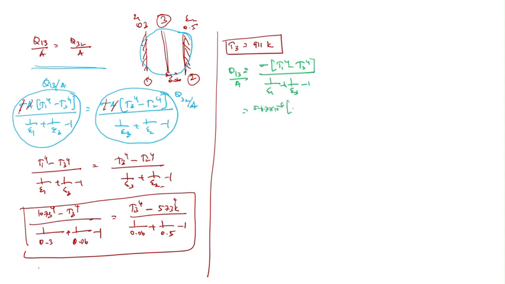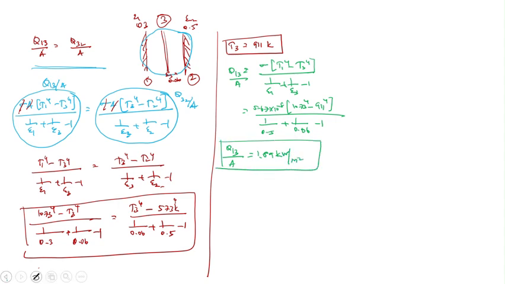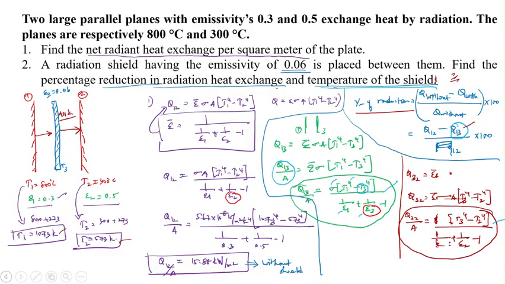So T1 is 1073 to the power of 4 minus 911 to the power of 4 divided by 1 divided by 0.5 plus 1 divided by 0.06 minus 1. After substituting the values, we get Q123 divided by A, which is nearer to 1.89 kilowatt per meter square, because we are considering unit area, so we write it in terms of meter square.